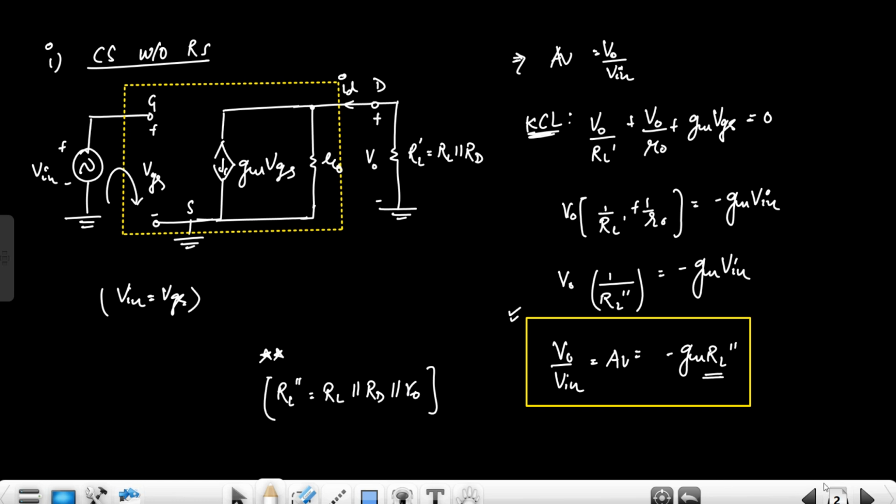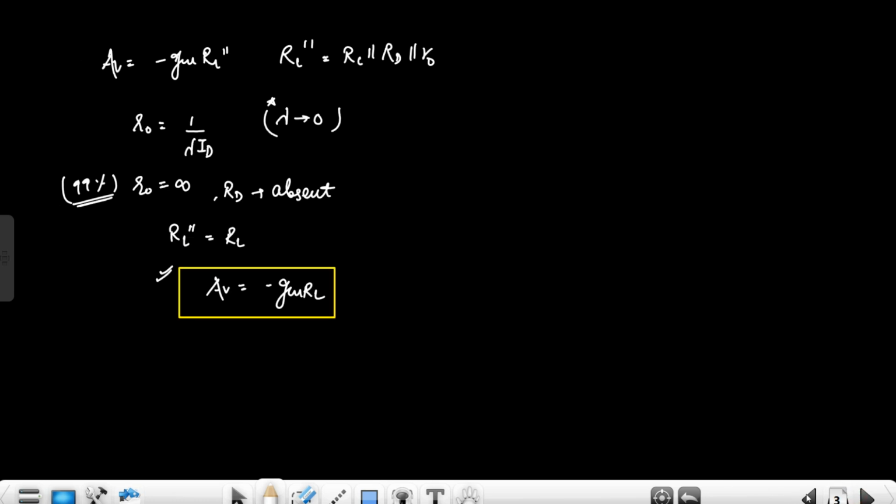So this is the small signal voltage gain. Now the internal output resistance. So R naught is equal to VDC upon IDC when the input supply is removed. So the small signal model will be like this. Input is removed, so you can simply short circuit, and this is the VGS, the GM VGS.